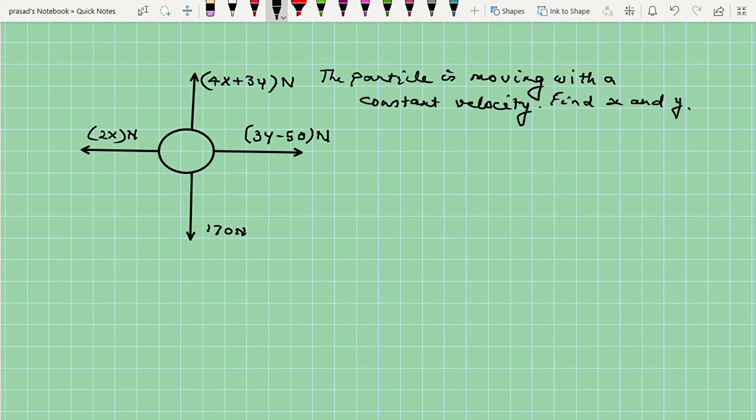Now, keep it in mind that it is given that the particle is moving with a constant velocity. Constant velocity means the particle is not accelerating.